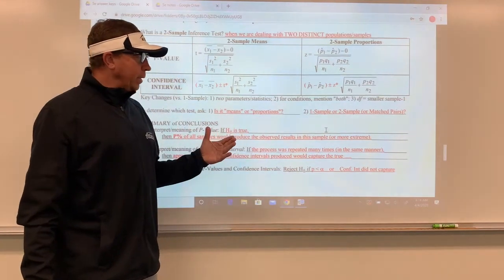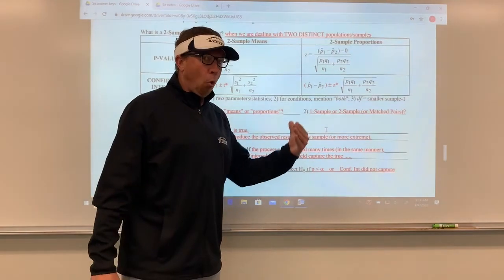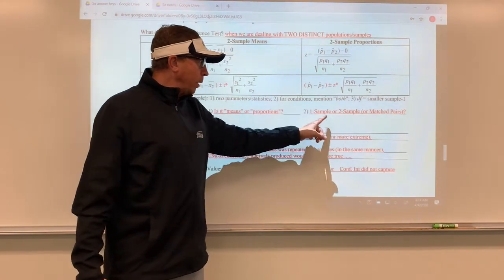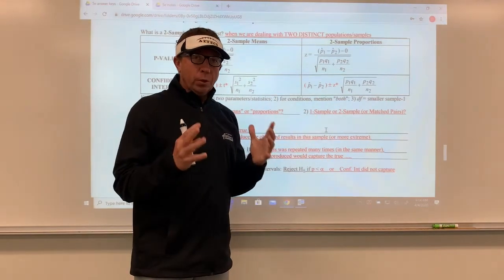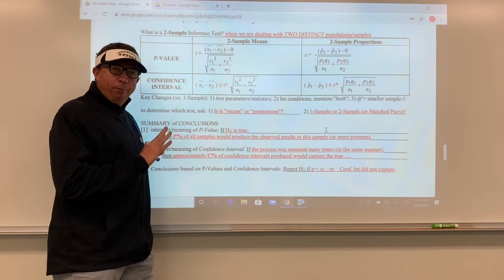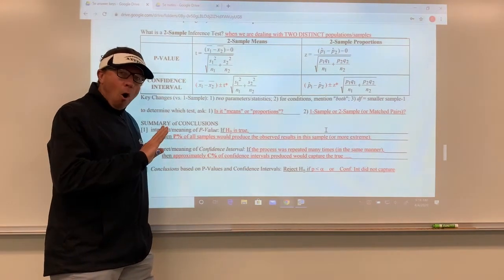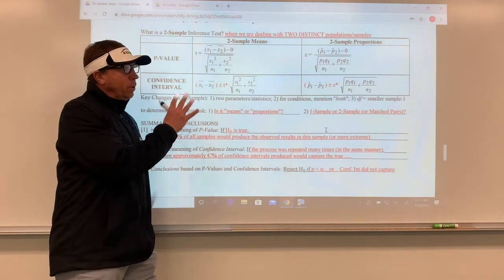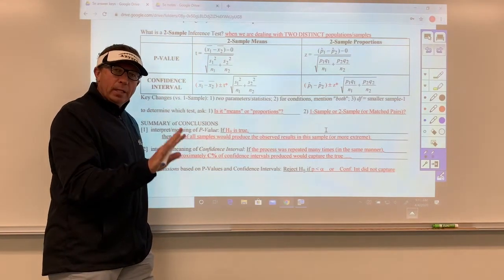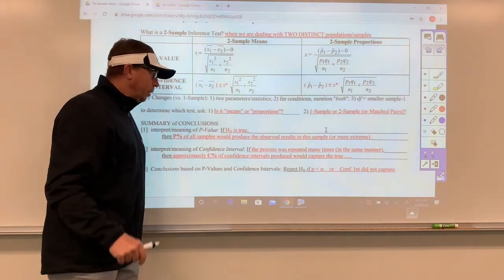Then you're going to ask yourself, is this 1 sample or 2, or is it a matched pair? Now, a matched pair goes back to a 1 sample. That's what you're going to be asking yourself right away. Now, in the samples I have 4 examples. They are all 2 sample tests because we're in the 2 sample area, but I'm still going to be going through that process of asking myself those questions.